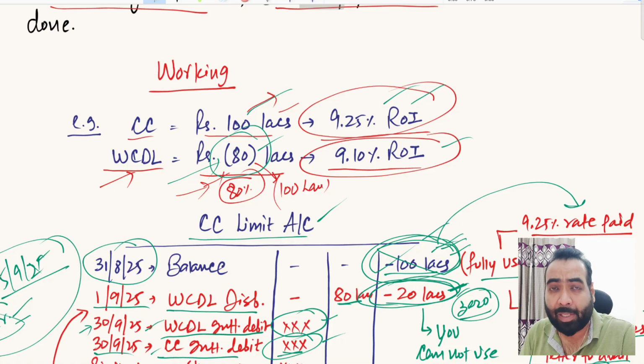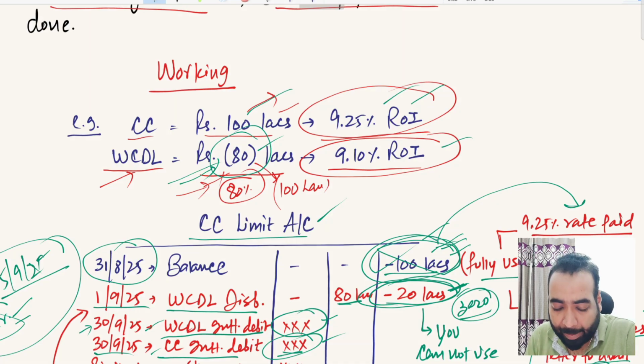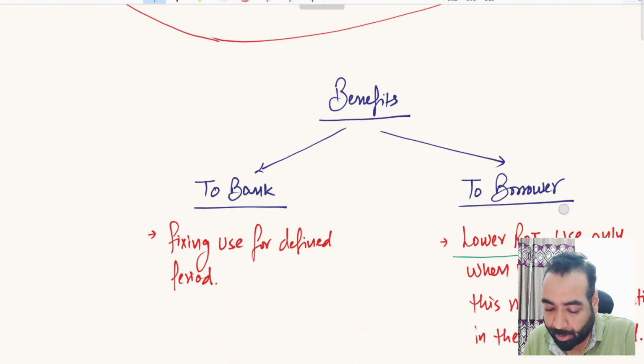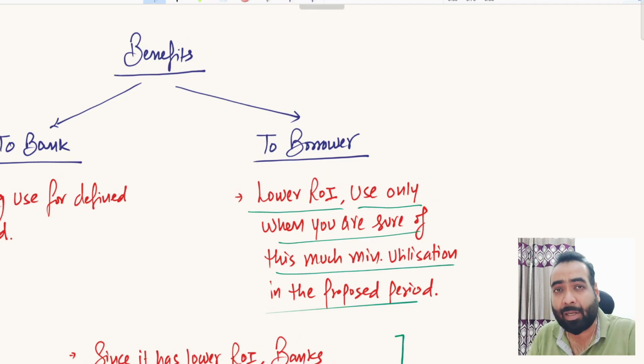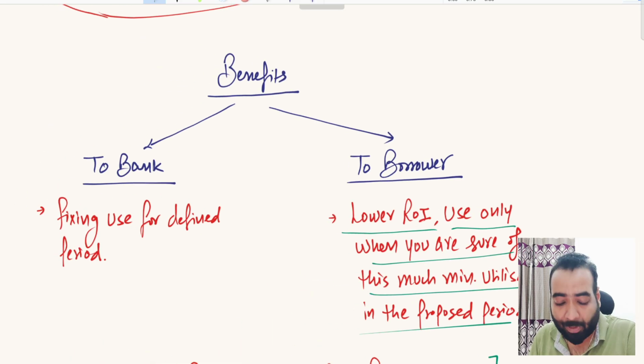Suppose you think that your utilization shall remain 20 lakh rupees at bare minimum for the next 20 days, then you can submit the request for 20 lakhs disbursement also. You can ask the bank to give you WCDL of 20 lakh also. So 80 lakhs is the maximum cap. Out of that 80 lakh, how much you want to use is purely dependent upon your personal choice and requirement. So lower ROI, and use it only when you are sure that this minimum utilization shall remain in the next 60 days, 90 days or 180 days.